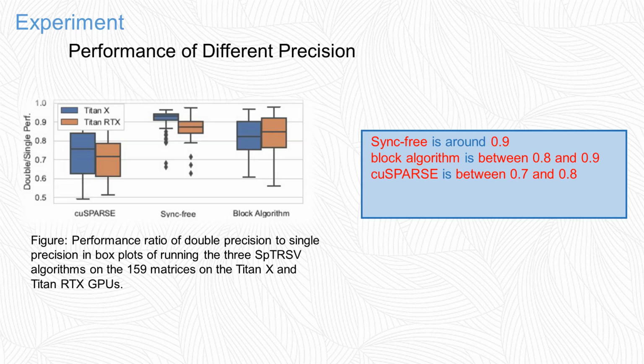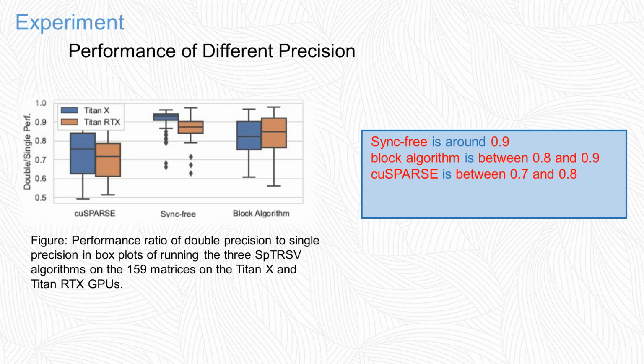This indicates that compared to sync-free, our algorithm is a bit more sensitive to the cost of reading or writing floating point values, but compared to cuSPARSE, our approach is relatively more insensitive to the floating point precision used.